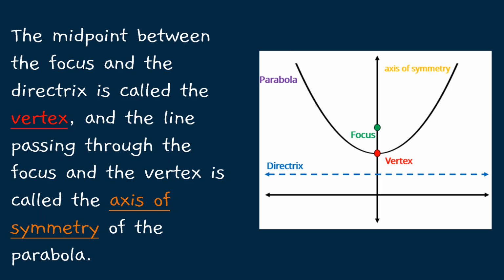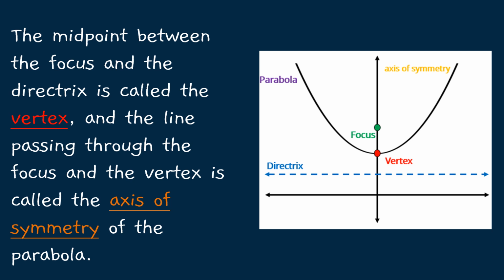Continuing to our next property, we have what we call the midpoint between the focus and the directrix, which is the vertex. Kanina nabanggit ko na yung distance between the vertex and the focus is c units. Remember, midpoint siya, meaning that between the focus and directrix, if you get the middle part, it is still your vertex.